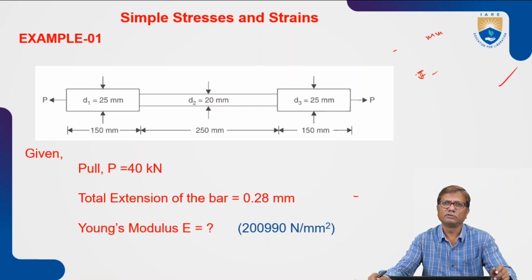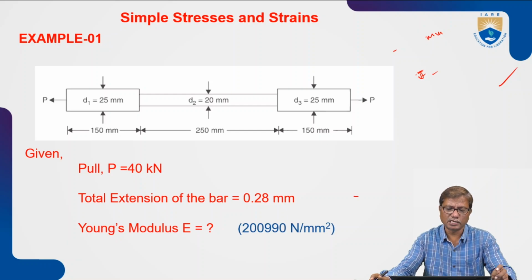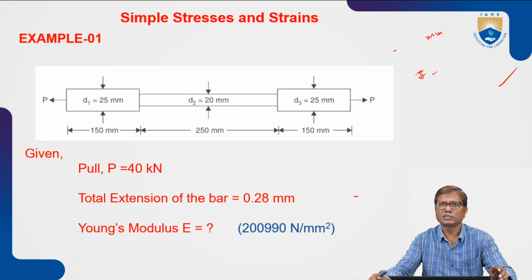Here we have a bar with 3 different diameters. The material is the same for the bar, but it has different diameters. The end parts are 25 mm in diameter and the middle portion is 20 mm in diameter. The lengths are also different.